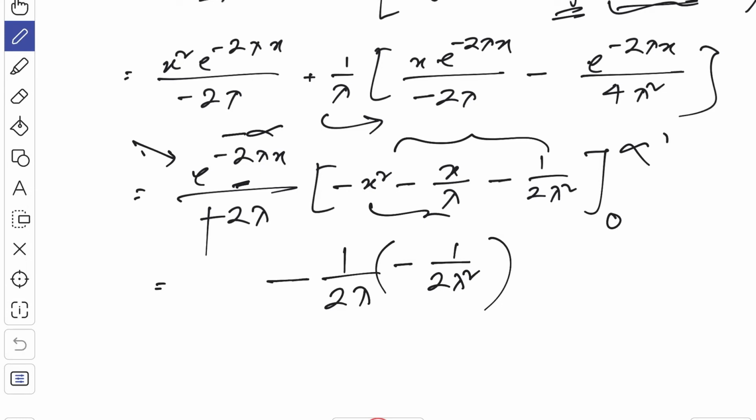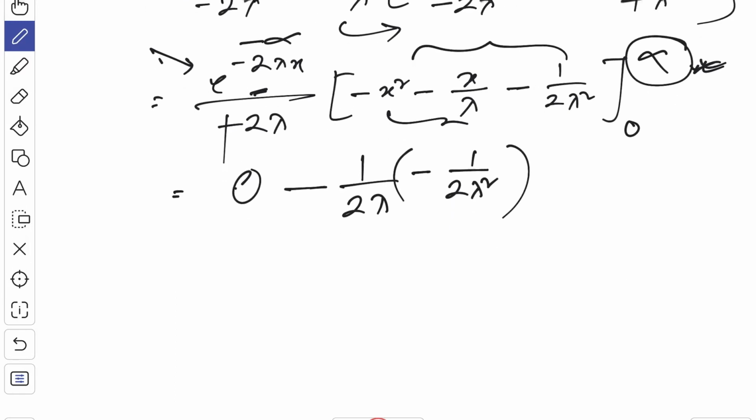And minus, when you have put the upper limit, we had got 0, yes, 0 minus this thing, and that's going to be equal to 1 by 4 lambda cube. So that is the value.